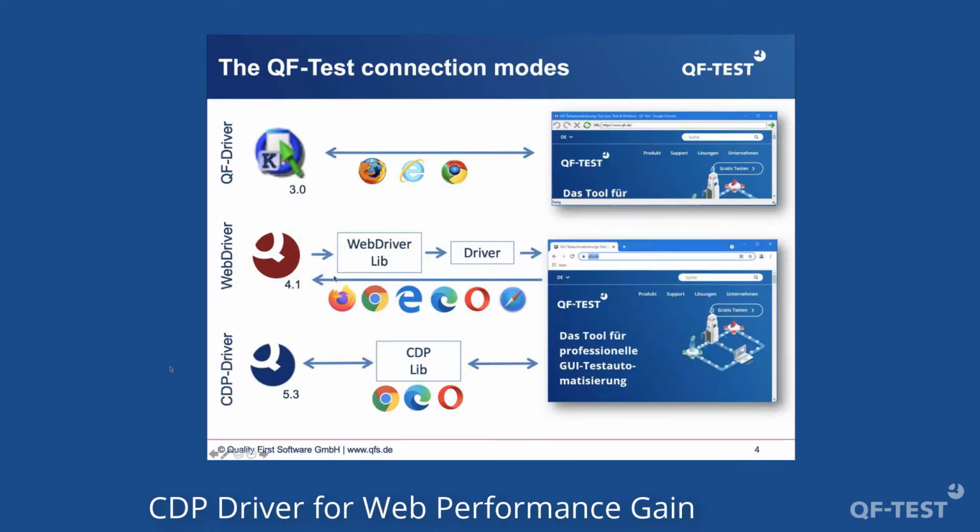When we open some web page here, and it's not opened via HTTPS, but without the TLS, so without encryption, then Chrome forbids from the next version on, which is released, I think, next week, any communication back to some local resource. And QFTest is running locally on your machine, so it's forbidding the communication back.